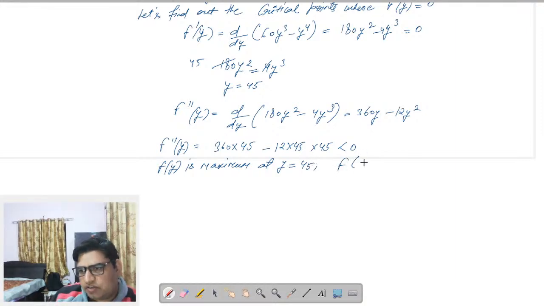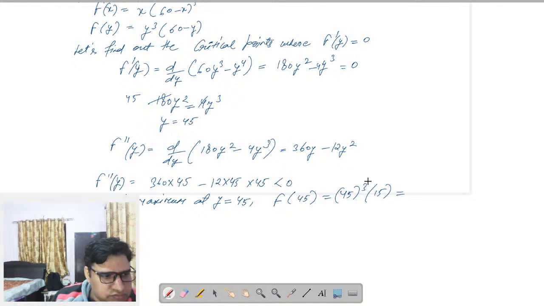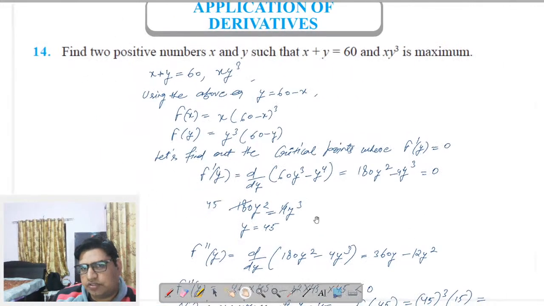And the value of the function f(45) will be 45 cube into 15, and if we calculate the value... So we are supposed to find out two positive integers.